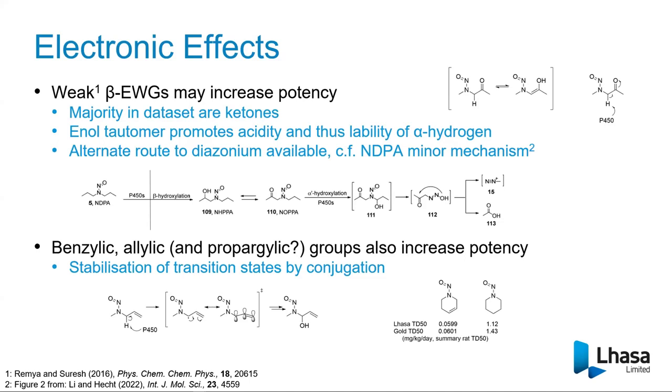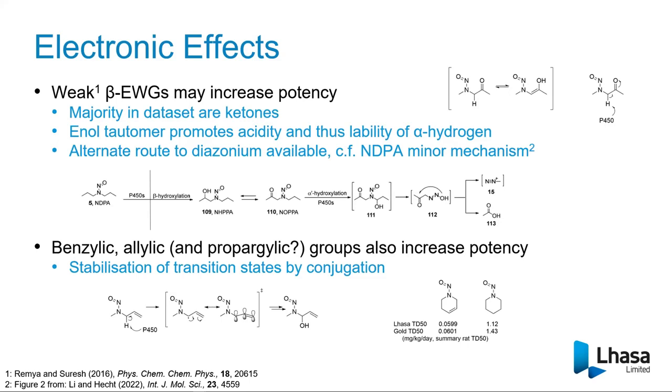And the enol tautomer that you have for them, that's not necessarily available to all electron withdrawing groups but is to ketones, promotes the acidity. If you look at the figure at top right, you've got the enol tautomerization, and that makes the alpha hydrogen more labile.